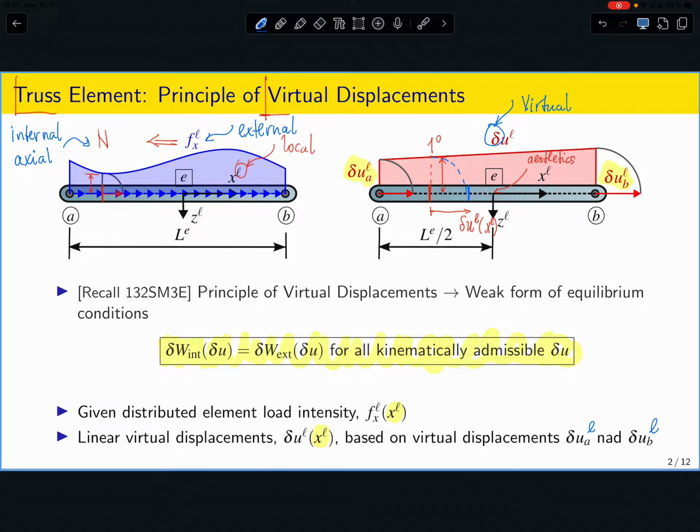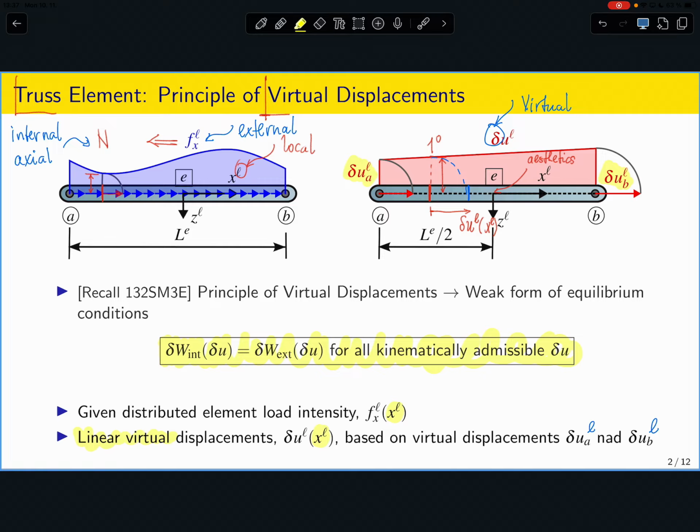And it turns out that I can derive the statics of truss structures just by assuming that my virtual displacements are linear, that these are just driven by these two values here. And that's pretty much it.